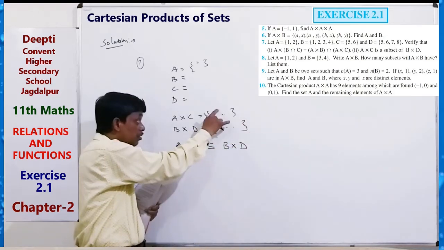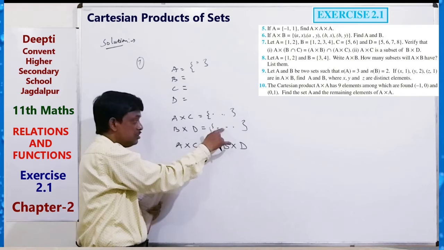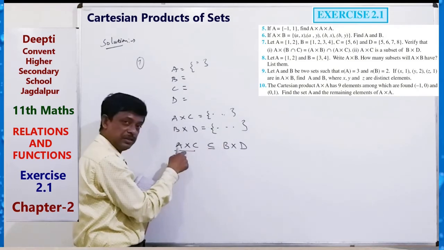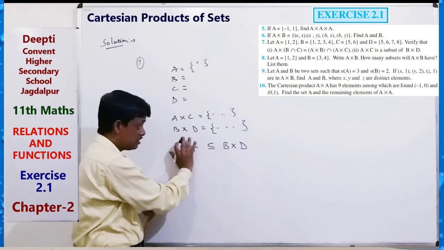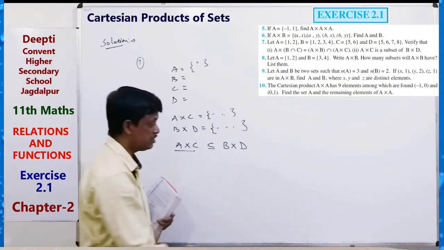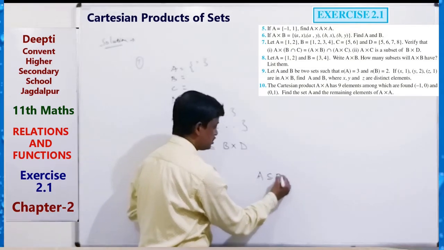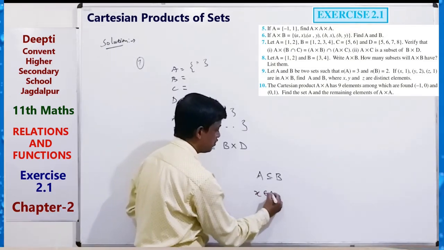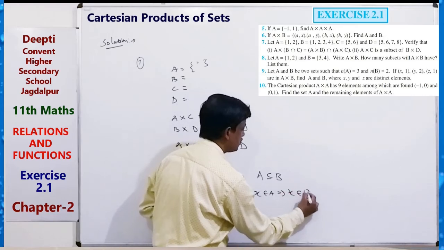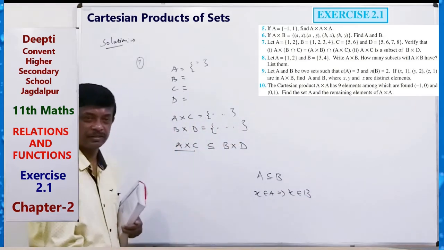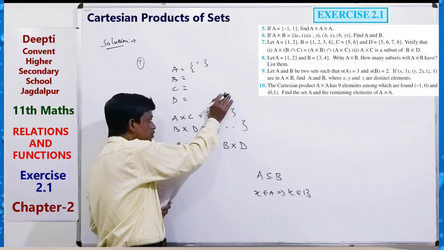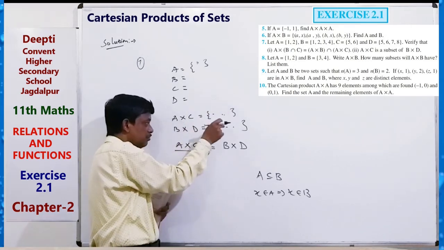If each element of this belongs to this, then this is a subset of this. When we say that two sets are subsets, X belongs to A implies X belongs to B. That is, all the elements of this belong to this.